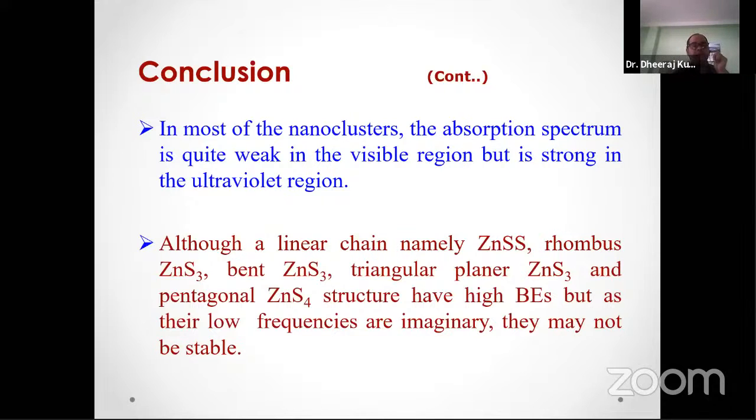With the help of computational techniques, we can obtain or predict properties which are beyond the experimentalist, meaning experiments which cannot be performed, but with computational techniques we can easily predict their properties. And if these properties are very useful from an application point of view, then it will draw the attention of experimentalists. That is the main application of these computational techniques.